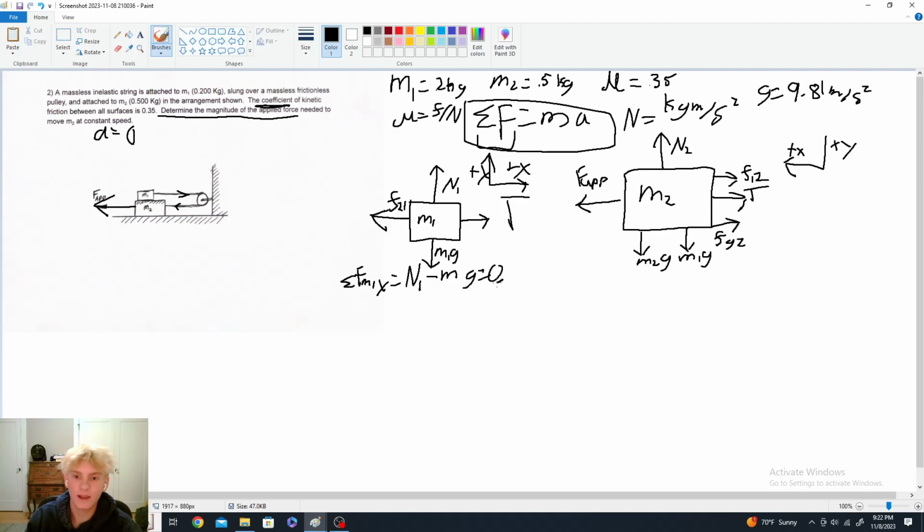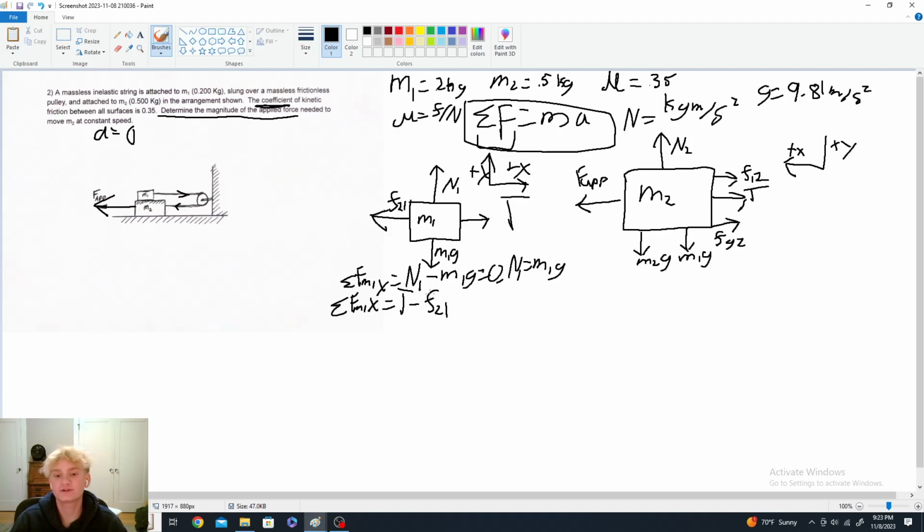And since we know it's equal to 0, these two must be equal. So N1 is equal to M1g. There should be a 1 here, right? So let's do that for the x direction. The sum of the forces of M1 in the x direction is equal to, going this way, tension is positive, tension minus the friction of 2 on 1. Now, we do not know what this frictional force is, right?